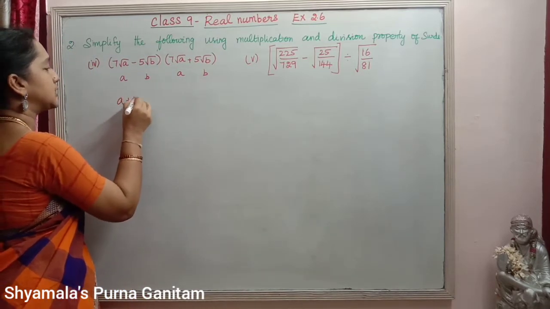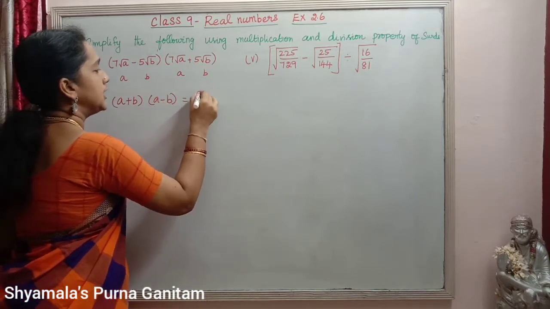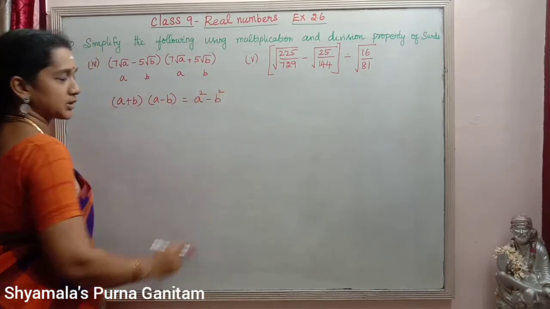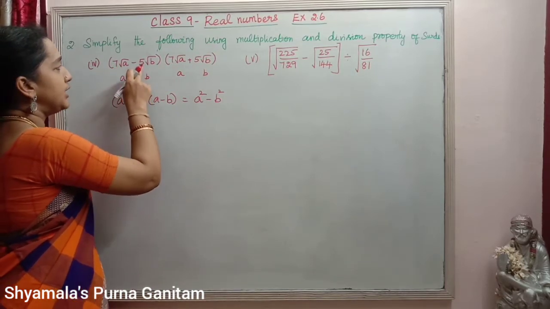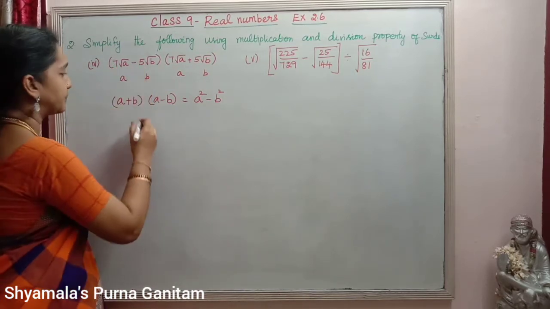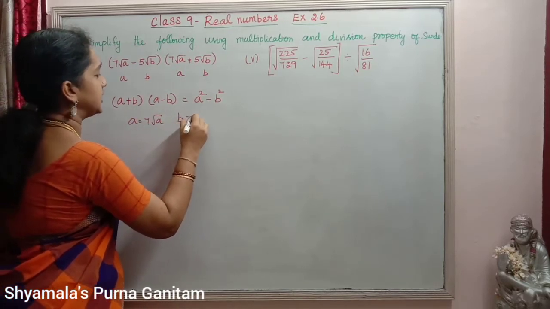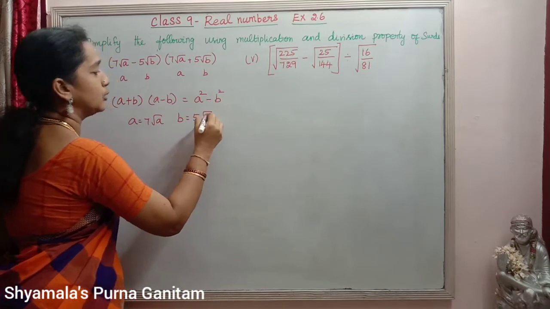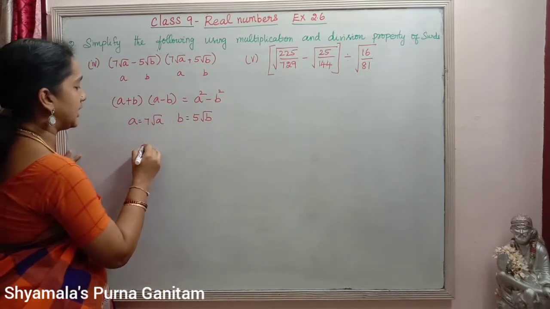Here instead of a we have 7 root a, and instead of b we have 5 root b. So a is equal to 7 root a and b is equal to 5 root b. So this is a squared minus b squared.